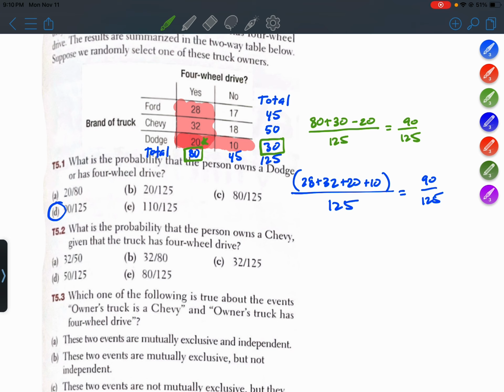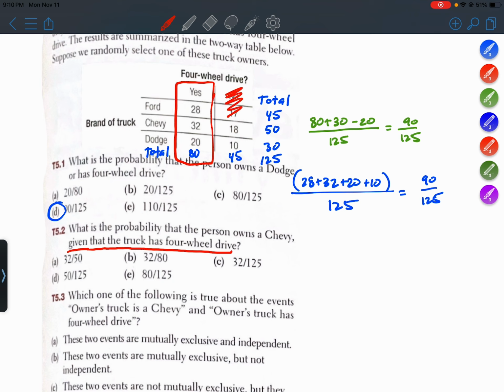All right, let's move on to question number 2. What's the probability that the person owns a Chevy given that the truck has four-wheel drive? Let me erase my previous marks here. The fact that we're only going to focus on the trucks with four-wheel drive means we're going to look at just this portion of the table.